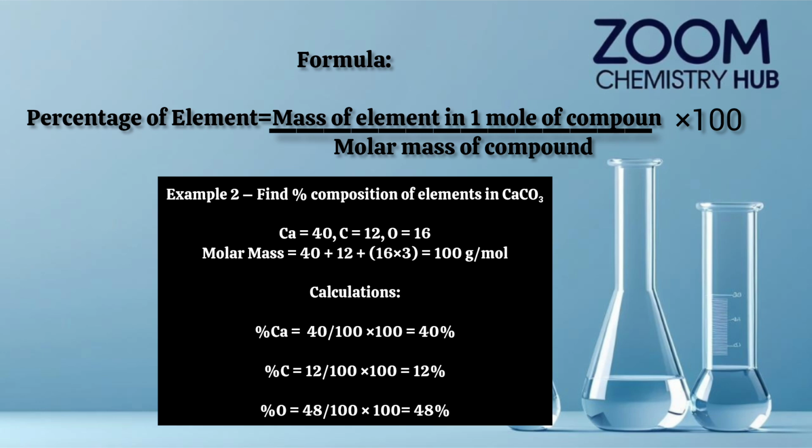Similarly, the mass of carbon is 12 divided by the mass of calcium carbonate, that is 100, multiplied by 100, we will get 12. So the percentage of carbon in calcium carbonate is 12%. Similarly, we calculate the percentage of oxygen as for the above two. We find the percentage of oxygen is 48, so the percentage of oxygen in calcium carbonate is 48%.